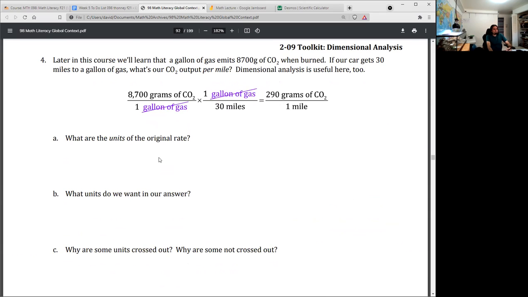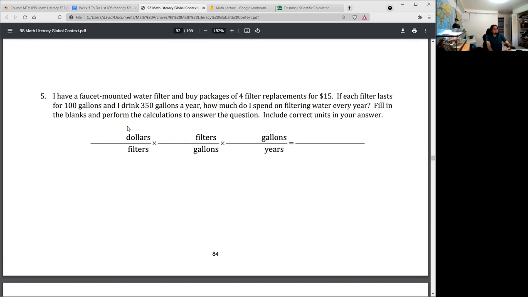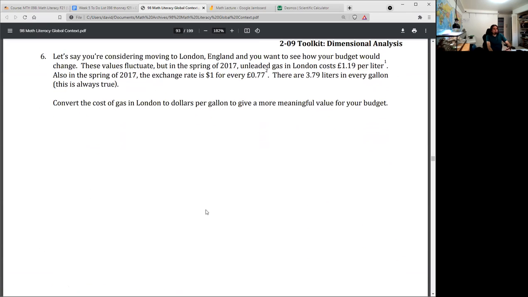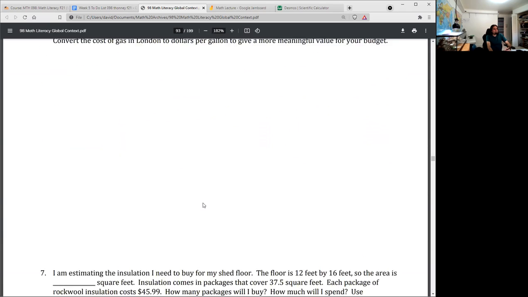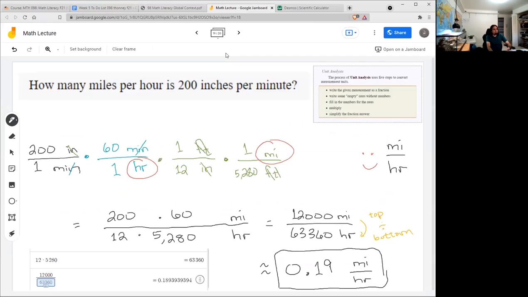They talk about the units, what units we want. Why do we have some crossed out? Now they want you to start putting the numbers in. They give you the units. They're being a little trickier. And then finally, they're asking you to do a problem from scratch. 2 problems from scratch.